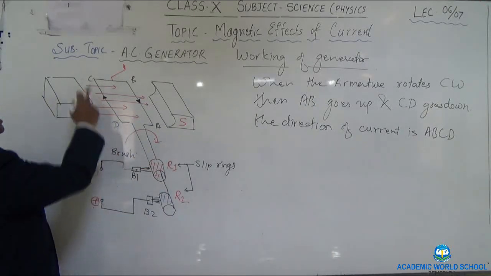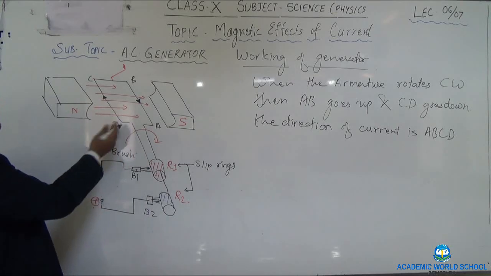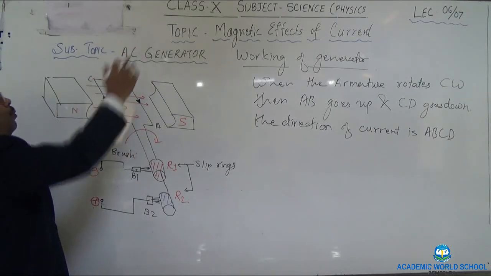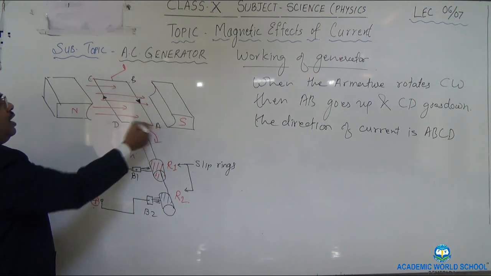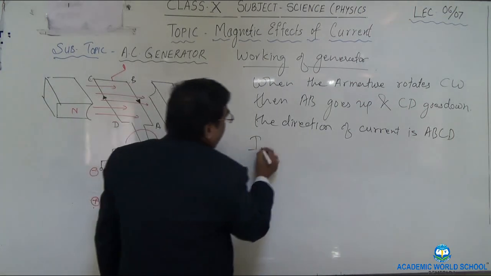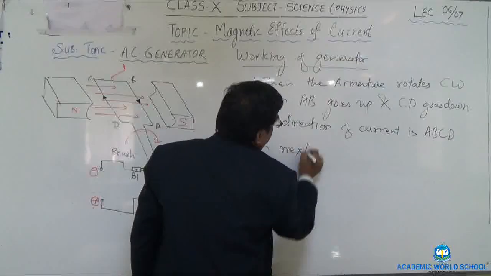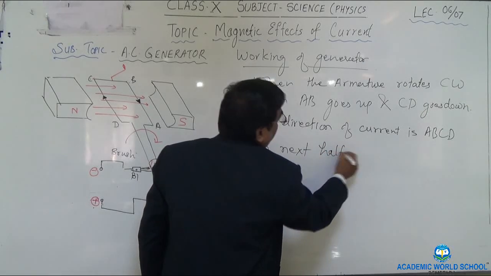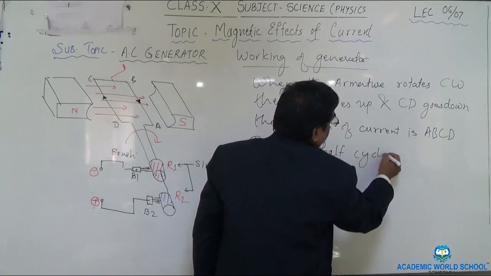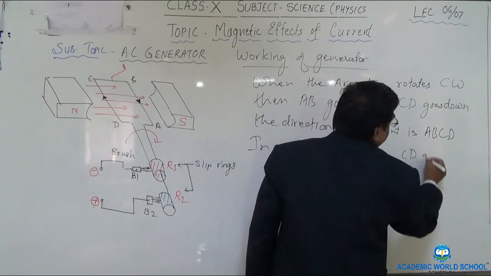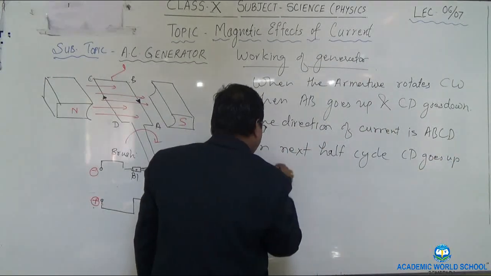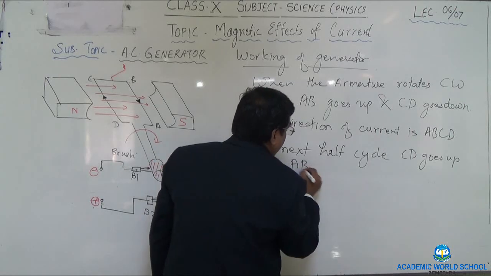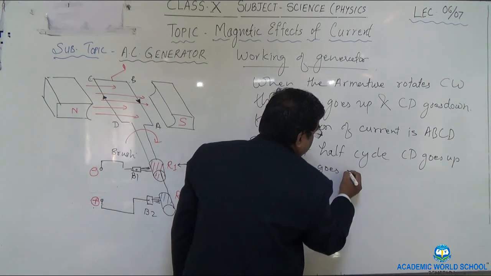So now the direction is this one. Now when the DC arm goes up, the current will flow from D to C and B to A. So in the next half cycle, CD goes up and AB goes down.